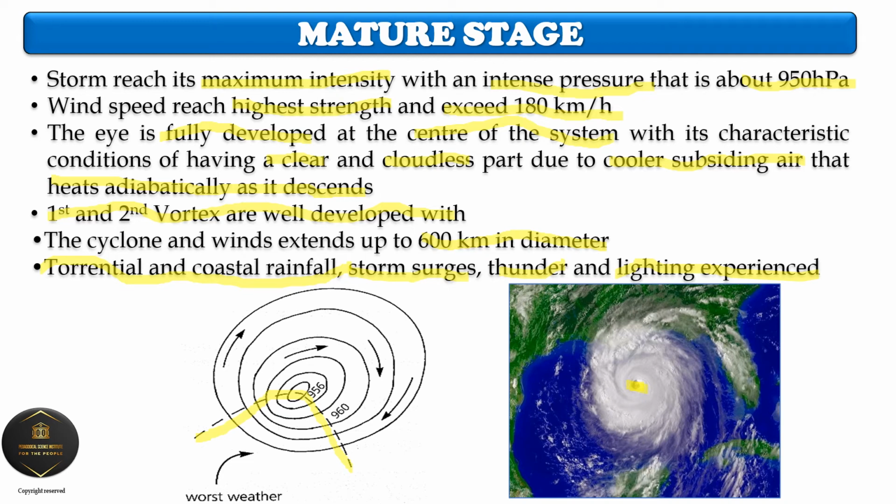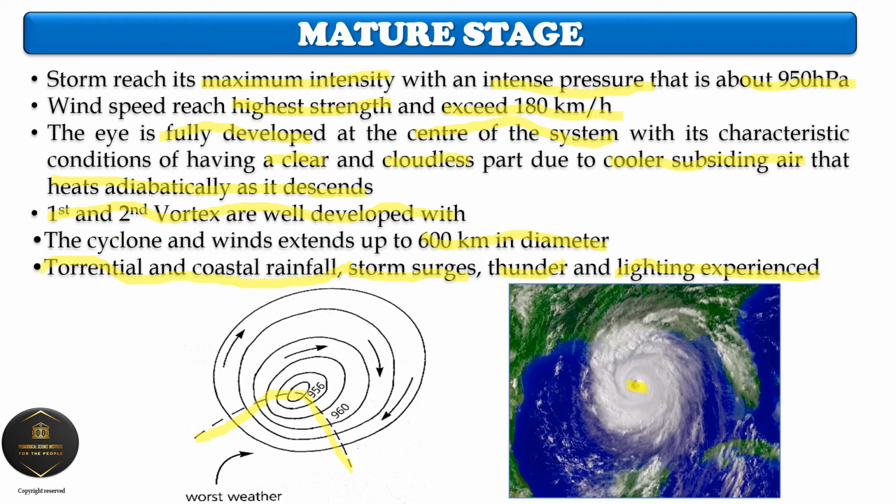And remember, if you compare the first and second vortex, the most catastrophic will be the first one, because it has this dangerous quadrant. And of course, we are going to talk about it and the associated weather patterns with this quadrant in our next session, lesson number 2, on associated weather patterns and the impact thereof.